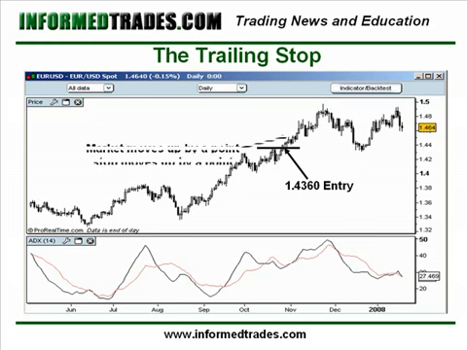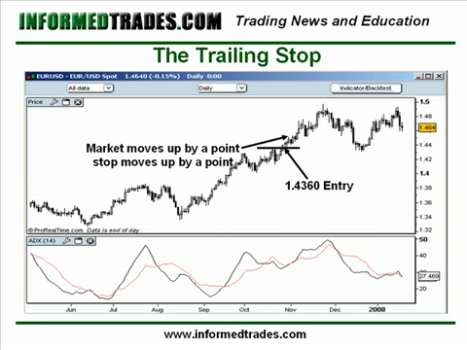So basically what's going to happen here is every time the market moves up, that stop at 142.60 is also going to move up so that it's always behind the current market price as long as the current market price is moving in your favor by 100 points. So if the market's at 144, then that stop is going to be at 143.